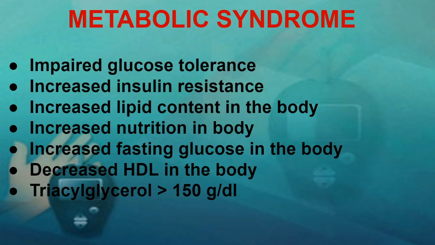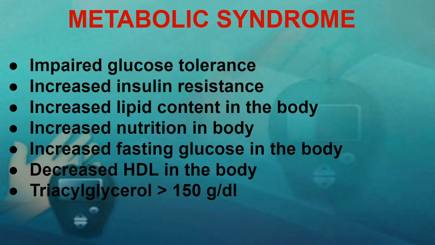Now we have one more term used in diabetes mellitus, that is the metabolic syndrome. Over here in the metabolic syndrome, there is impaired glucose tolerance seen in the patient. Also there is increased insulin resistance, increased lipid content in the body, increased nutrition in the body. Also of course there is an increment in the fasting glucose. There is a decrement in the good cholesterol or the HDL.